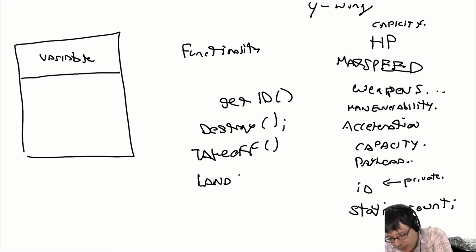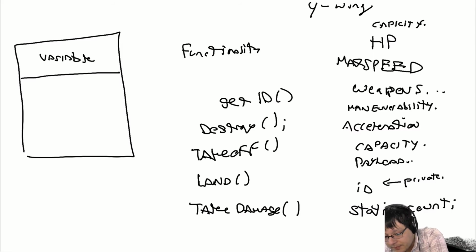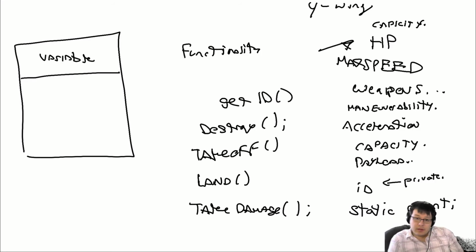Now, these might have parameters, but now I'm not putting anything in it. Another one is take damage. Take damage is a good one because it is actually going to be a function that is going to modify our variables, right? It might lower the HP, you know? We could also have a function called accelerate, which increases the current speed, but we don't have a current speed on this. We just have a max speed. But yeah, I think those are good enough for now.